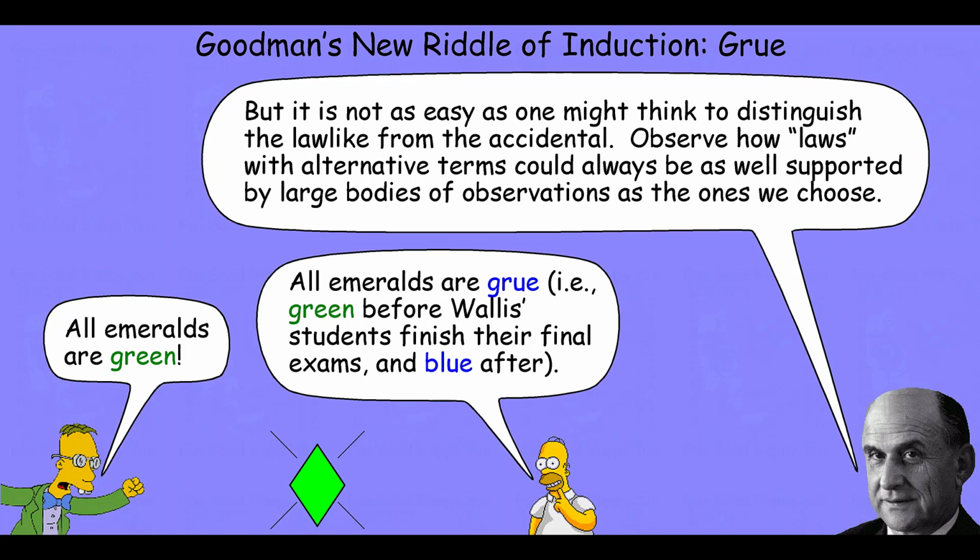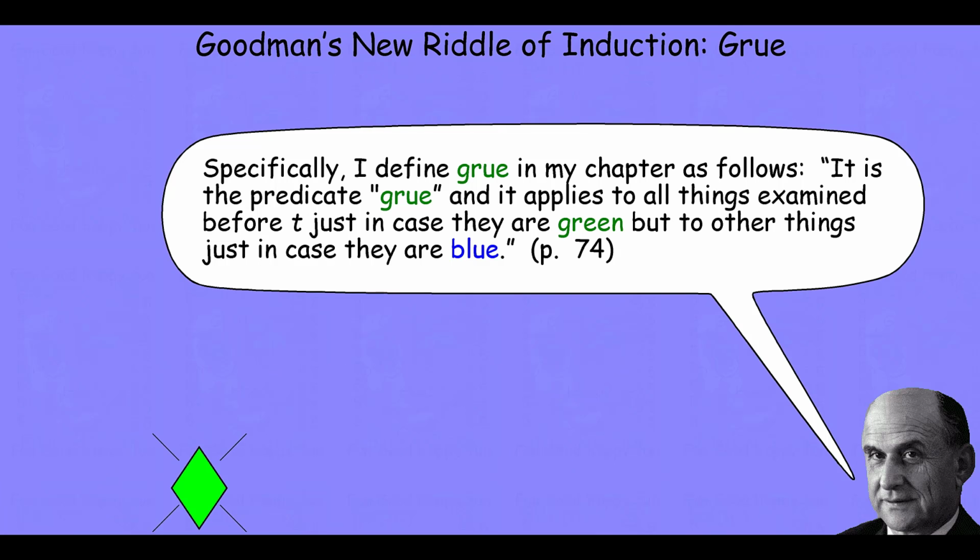But an alternative generalization would be just as well confirmed by all our observations to that point, namely, all emeralds are grue, where grue means green before Wallace's students finish their final exams and blue after. Specifically, Goodman defines grue in his chapter as follows.